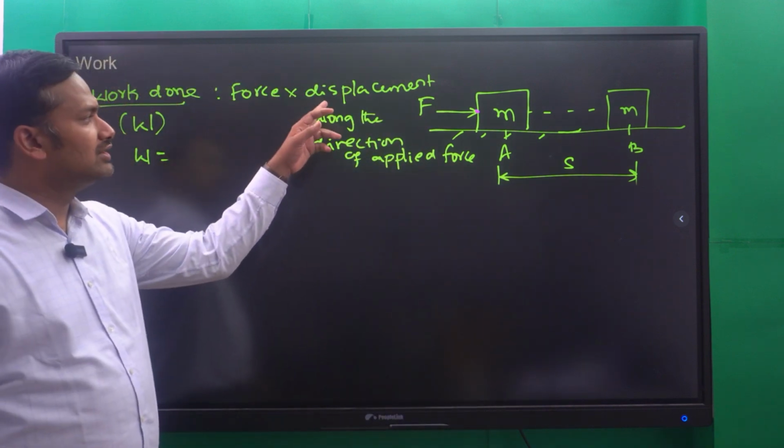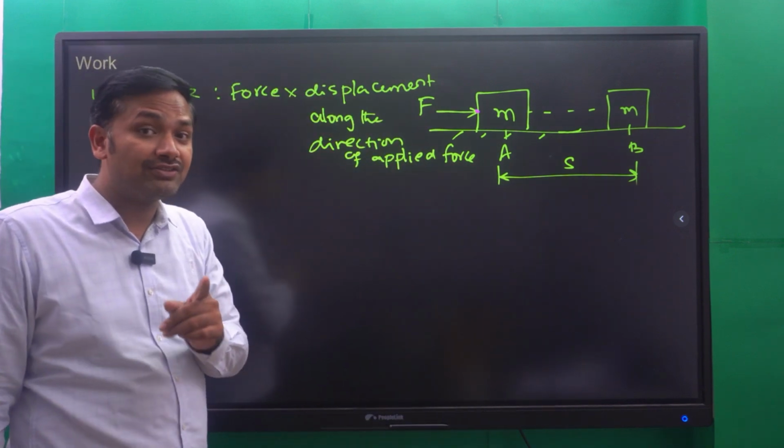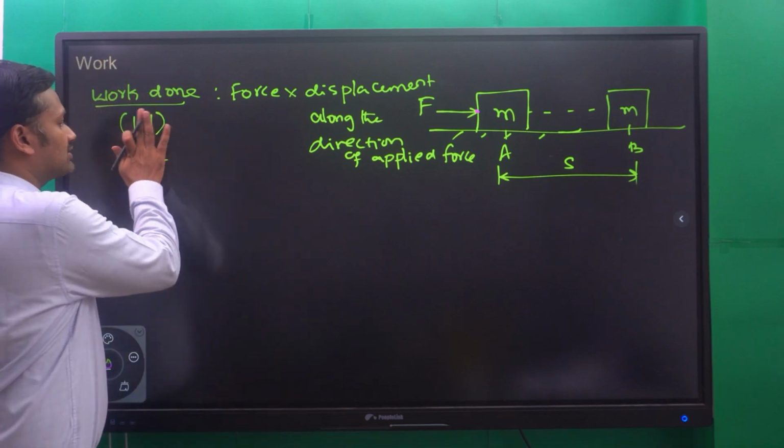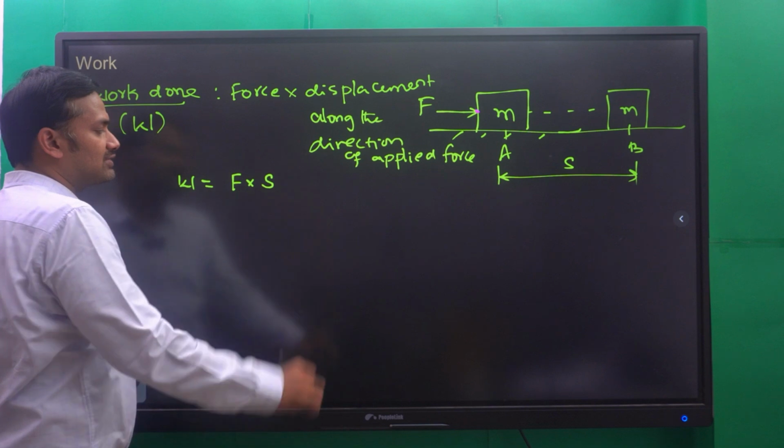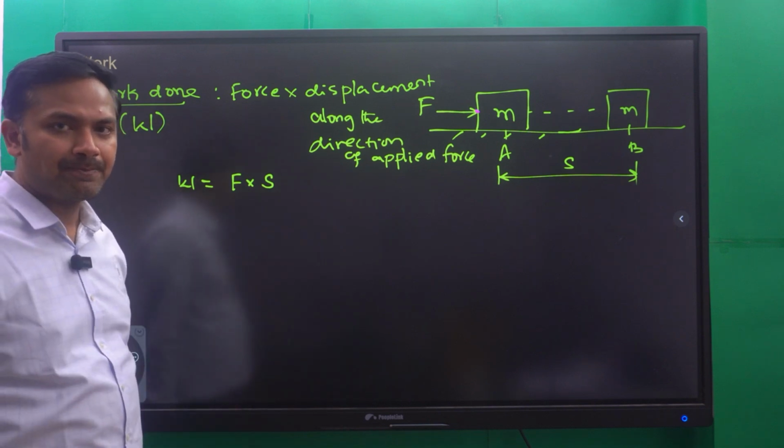Force into displacement along the direction of the applied force is called work done. So the work done formula is W equal to force into displacement.